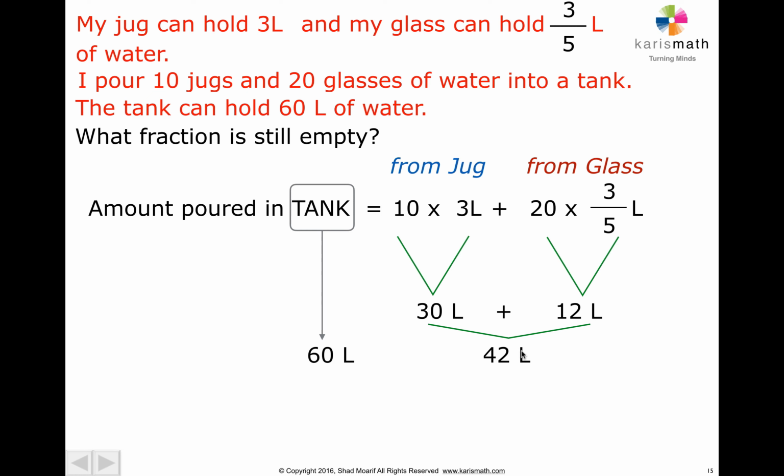The empty amount would be from the full tank, you take away 42, and that's the amount that's empty. And if this is the amount that's empty, what fraction is empty? That means 18 liters is what fraction of the whole tank of 60 liters? Reduce that, and you get 3/10. So you can work it out just using numbers. So that's how we look at word problems.